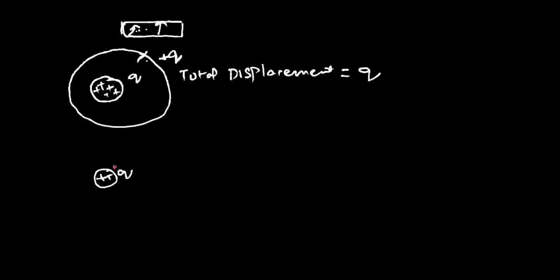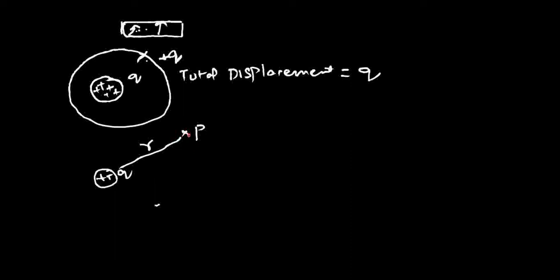If it is infinite radius, that means it is very far away from this charge q. So practically, the effect of this charge should be very minimum at a point which is very far away from this charge q. And if you take any point p which is at a distance of r from this charge q, can you talk about the total displacement here?